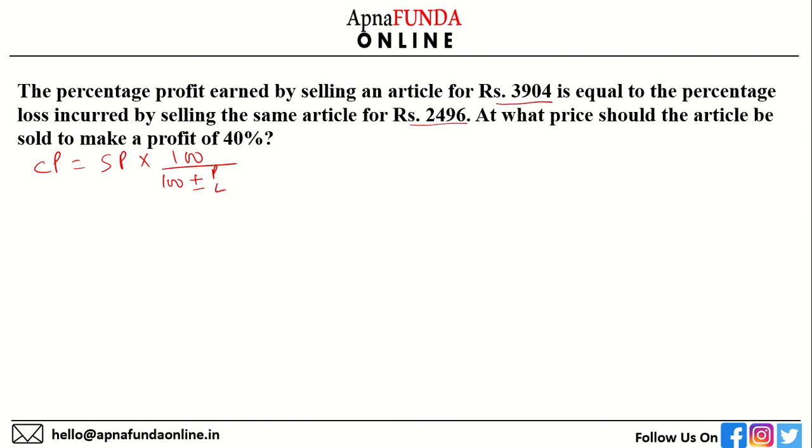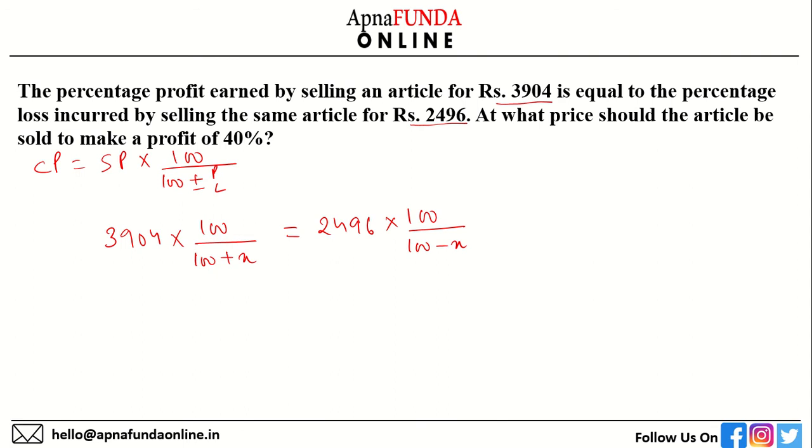So can I say by this question, 3,904 into 100 divided by 100 plus x. I've assumed that percentage, which is both loss and profit, as x. This is equal to 2,496 into 100 divided by 100 minus x. Please agree with me and then only proceed.